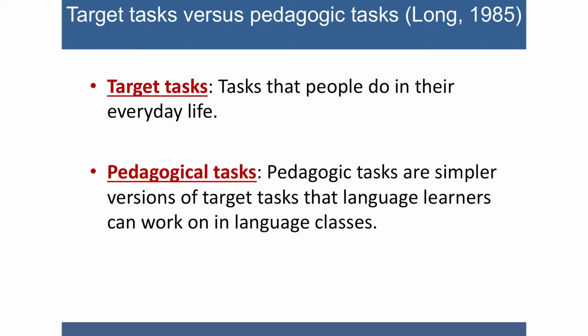Pedagogic tasks, on the other hand, are simple versions of target tasks that language learners can work on in language classes. The goal of pedagogic tasks is to prepare learners for future target task performance in real-life settings. As Michael Long explains, pedagogic tasks often constitute a subtask of the target task.